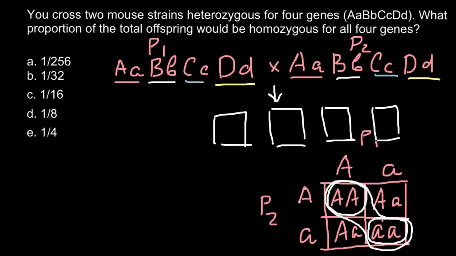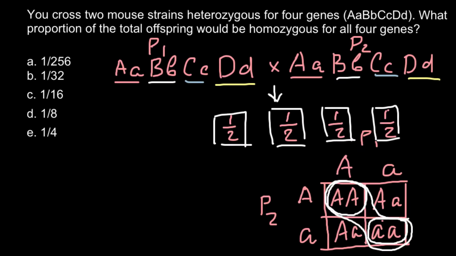And the chance that the first allelic pair would be homozygous dominant or homozygous recessive would be 1/2. And the chance that the second allelic pair would also be homozygous dominant or homozygous recessive would also be 1/2. And the same rule applies to all 4 allelic pairs.